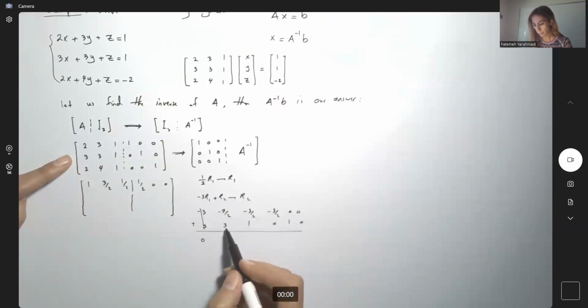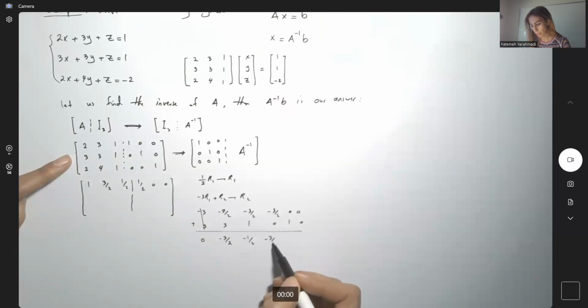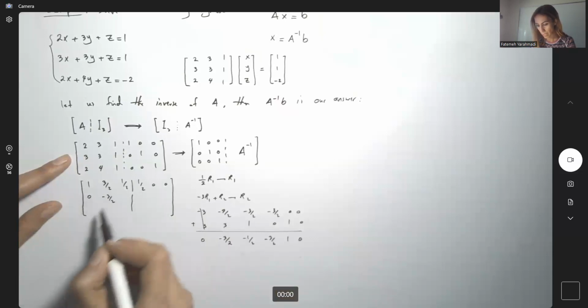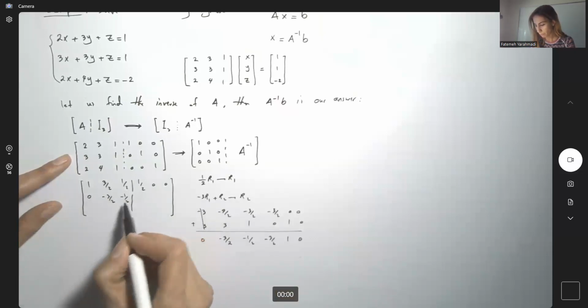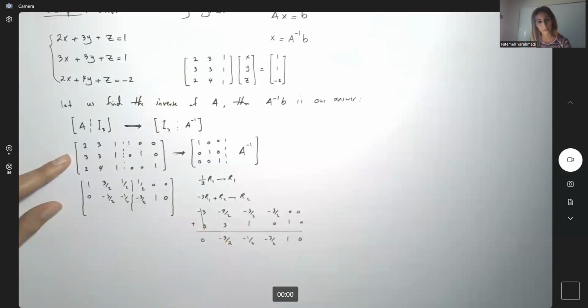Here we have -9/2 plus 3, which is (-9 plus 6)/2, which is -3/2. This is -3 plus 1, which is -1/2. Then you get -3 halves, 1, and 0.